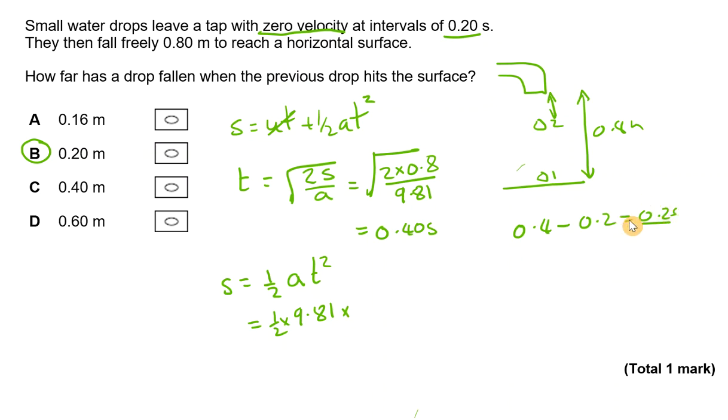The time, well, we've just worked out that the time that second drop is falling is 0.2 seconds. If I put those numbers into my calculator, I get an answer of 0.2 meters. Answer B.